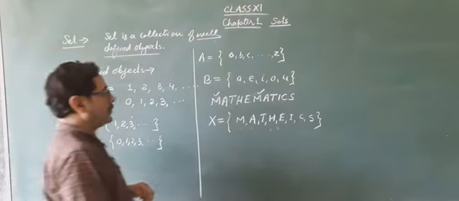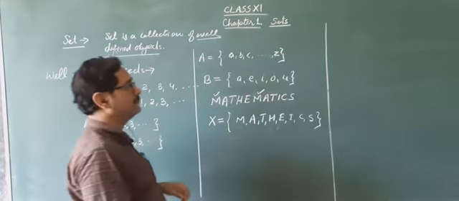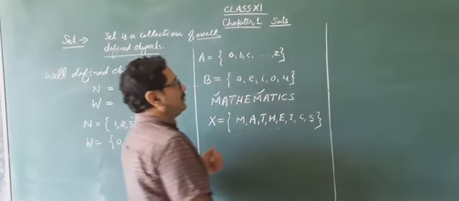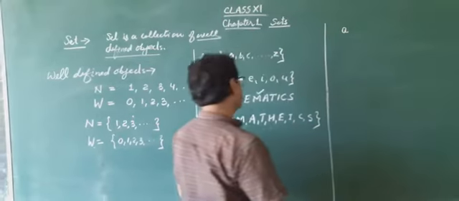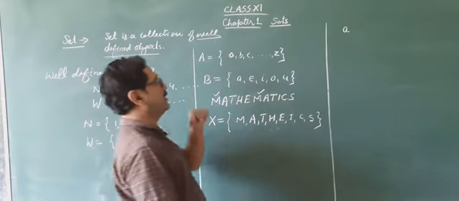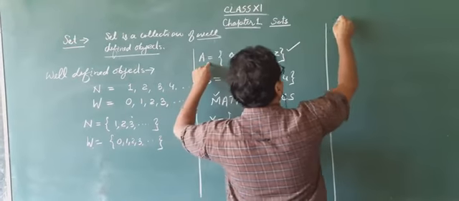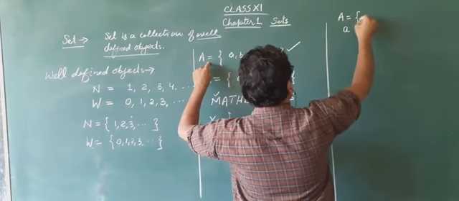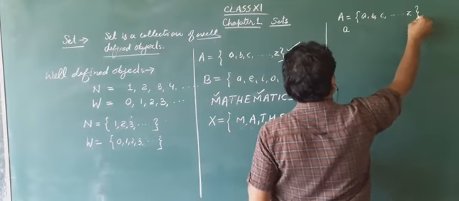Suppose we take this set A equal to a, b, c and so on up to z.